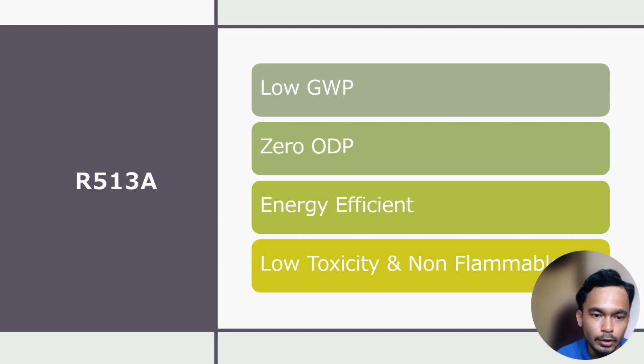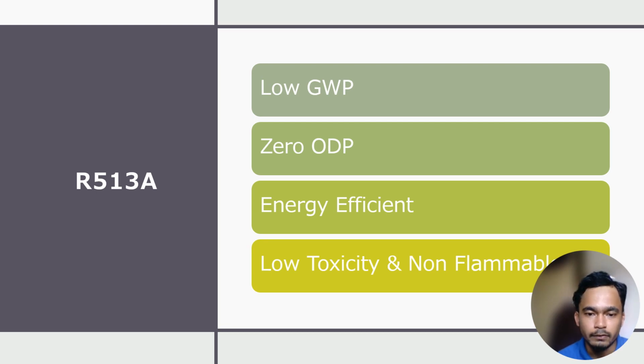So let's move on to the next refrigerant, which is R513A. The features of all these refrigerants are almost the same in terms of GWP, ODP, energy efficiency, and also their toxicity traits. The first point is low GWP, and this refrigerant is least likely to impact global warming.